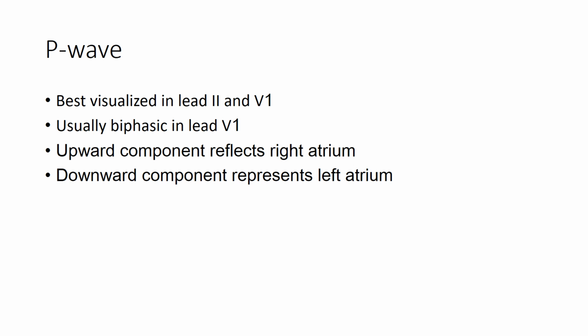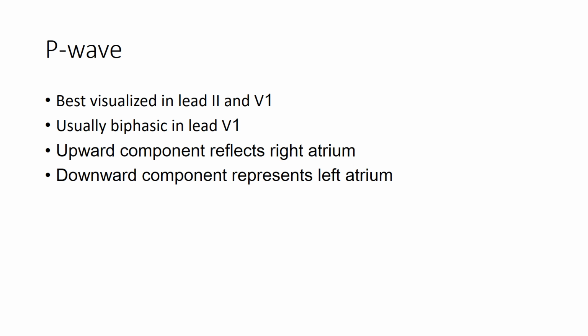So it produces a small positive deflection in lead V1 initially, and when the left atrium starts depolarizing, as it is located somewhat posteriorly, the current starts flowing away from lead V1 and it produces a small negative deflection of P wave in the later portion in lead V1.